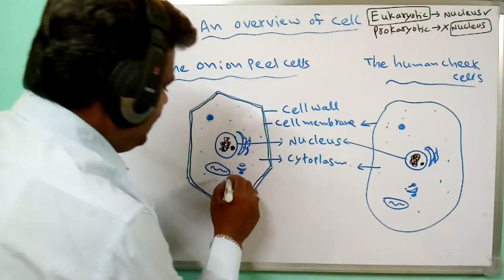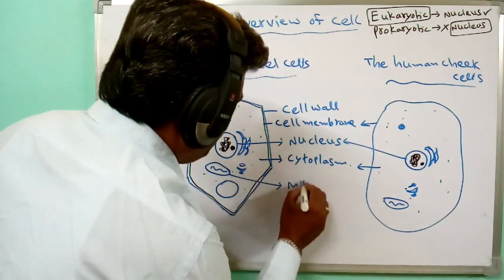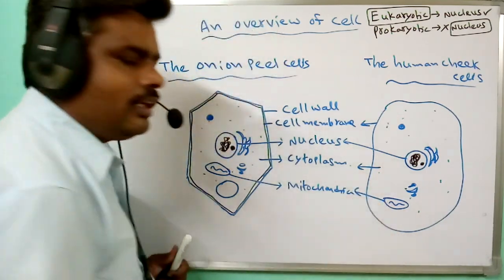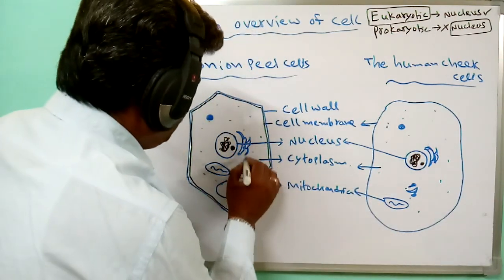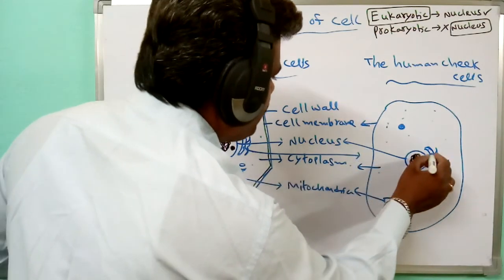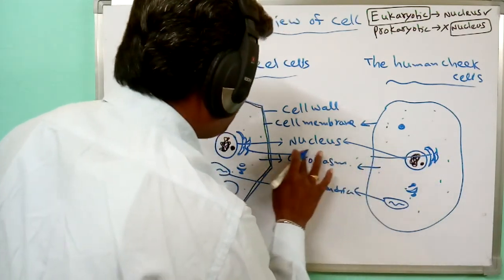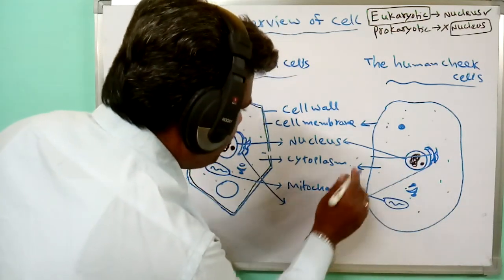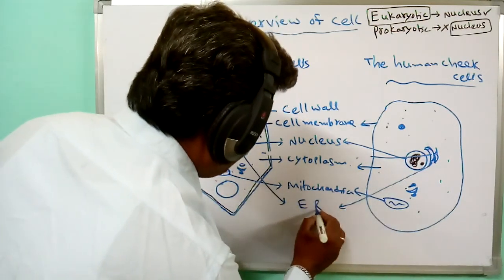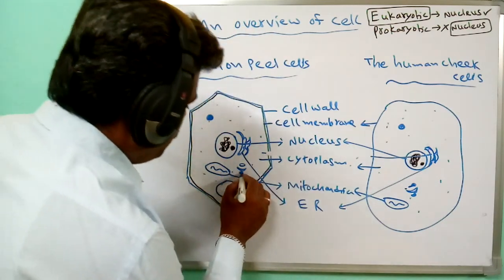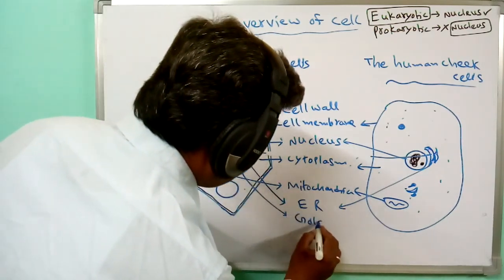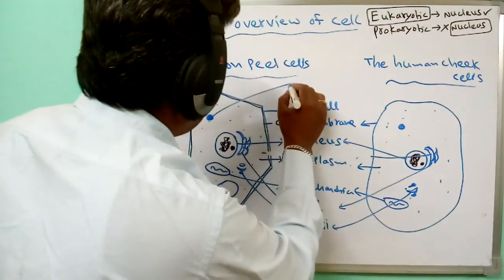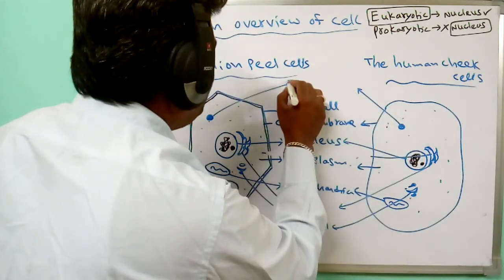Both cells have mitochondria, both have endoplasmic reticulum, both have Golgi complex, and both have microbodies.